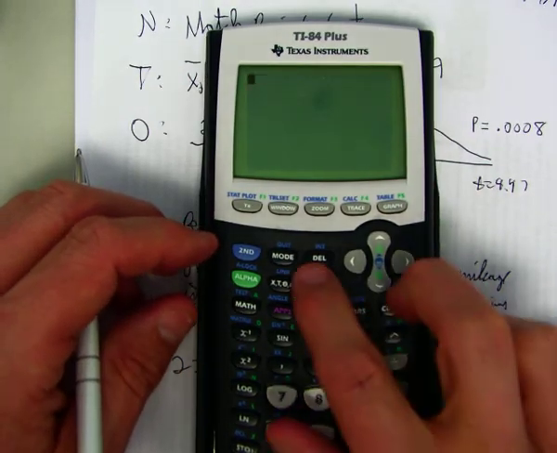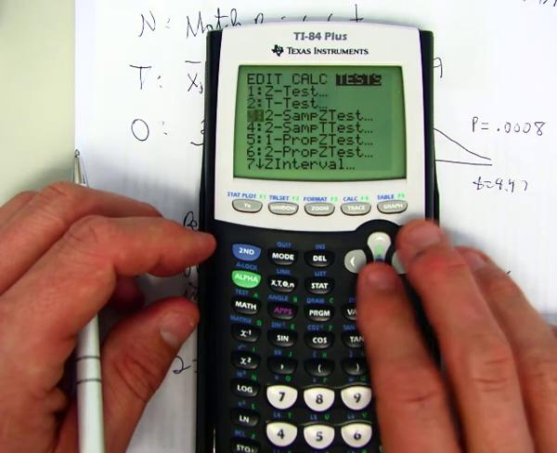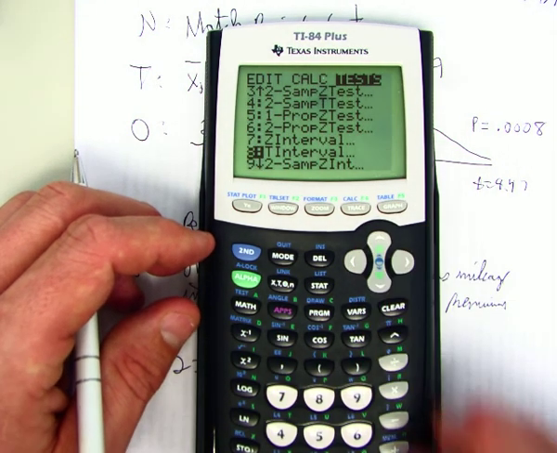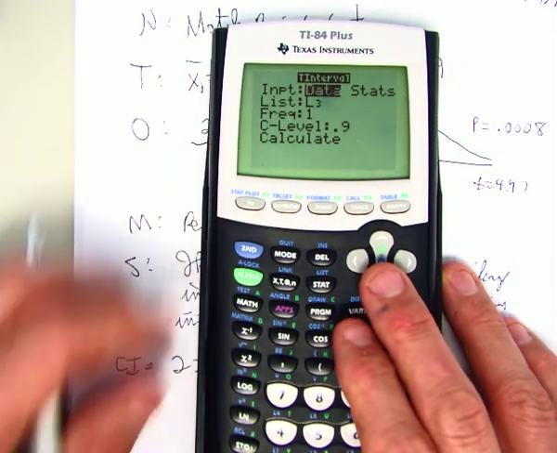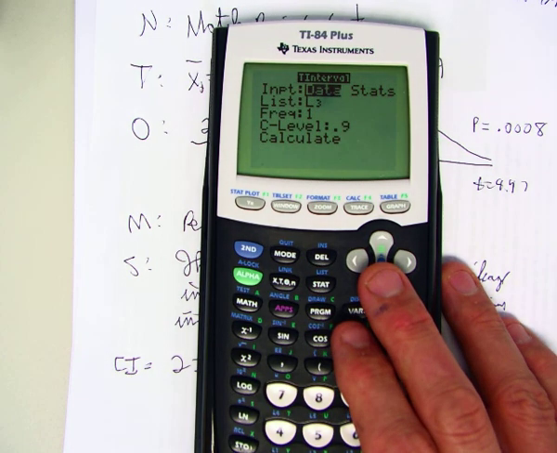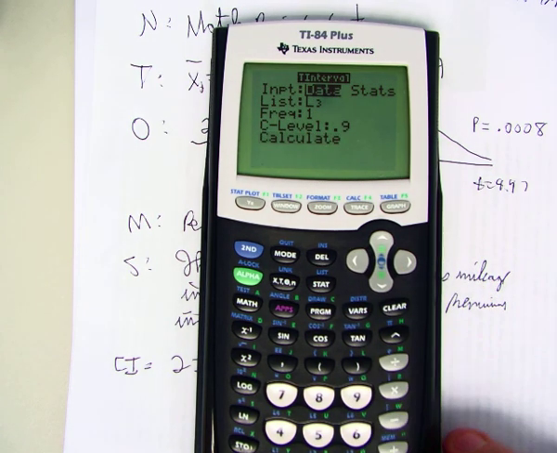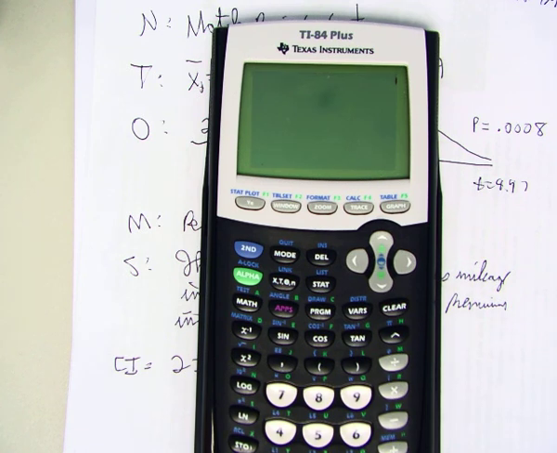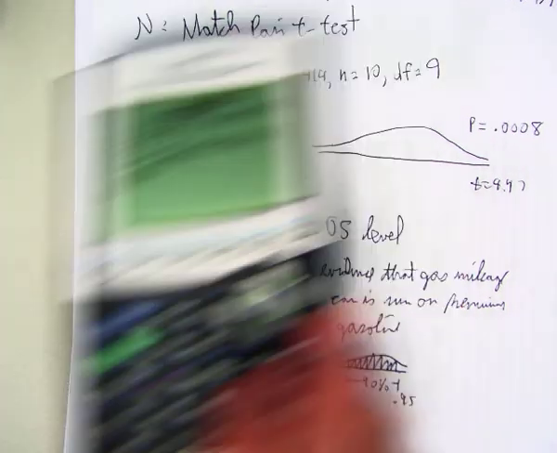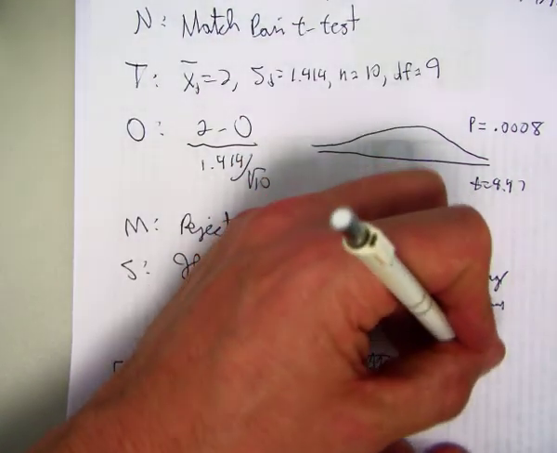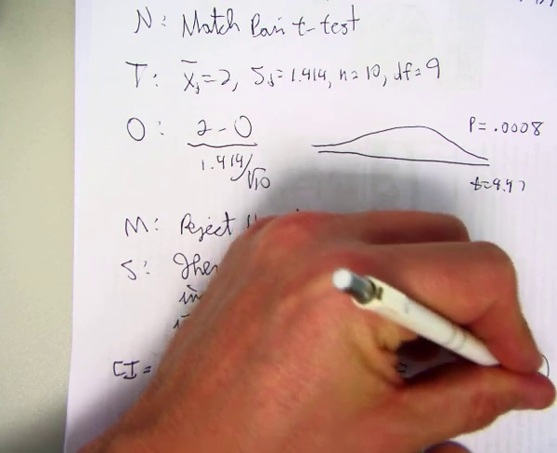So let's go to stat, test, t interval. And again, we're going to use data from list 3. Confidence level is 0.9. Calculate. And 1.2 to about 2.8, right? 1.2 to 2.8.